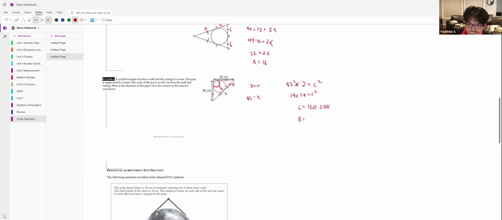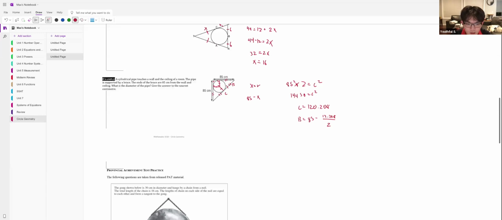B is therefore equal to 85 subtract 120.208 divided by 2. The reason we do that is because this entire length bisects this right here, so this is half of the total length, and that's half of 120.208.